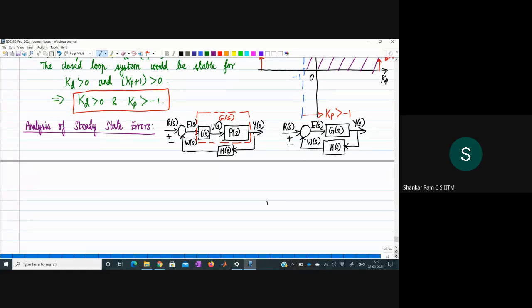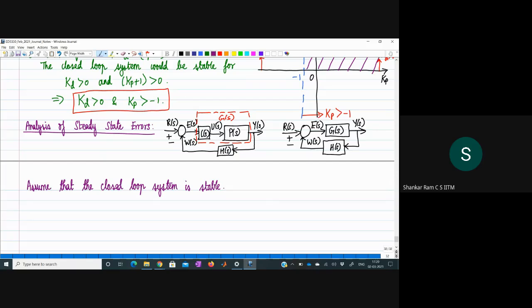To go ahead with this analysis of steady state error, first let us assume that the closed loop system is stable. That is the basic premise with which we start, because as I already mentioned, we have two requirements from any control system design.